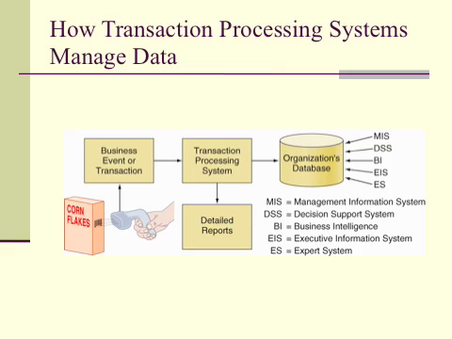It could be sales is updated, accounting is updated, inventory is updated, and those reports might come out daily to show you your daily sales, your daily inventory, your accounting, your profit from the day.